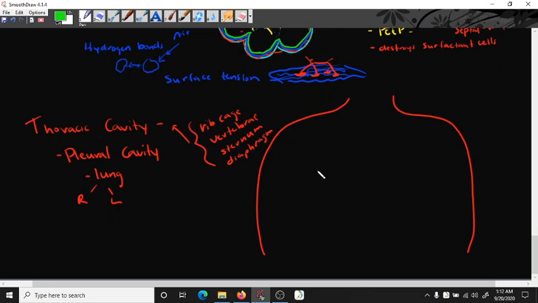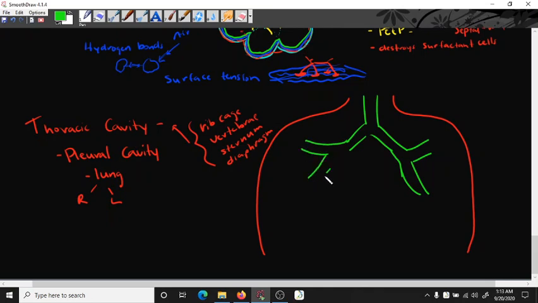So here we go. And inside, you're going to have your lungs, right? So here's your trachea coming down. It's going to branch. And there's your primary, right and left primary bronchi, and the left is going to branch twice because it's got 2 lobes, and your right is going to branch 3 times.